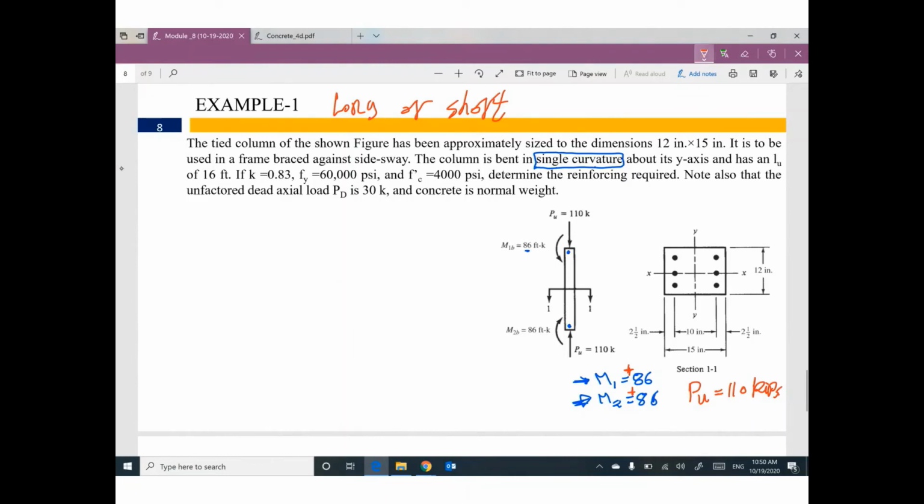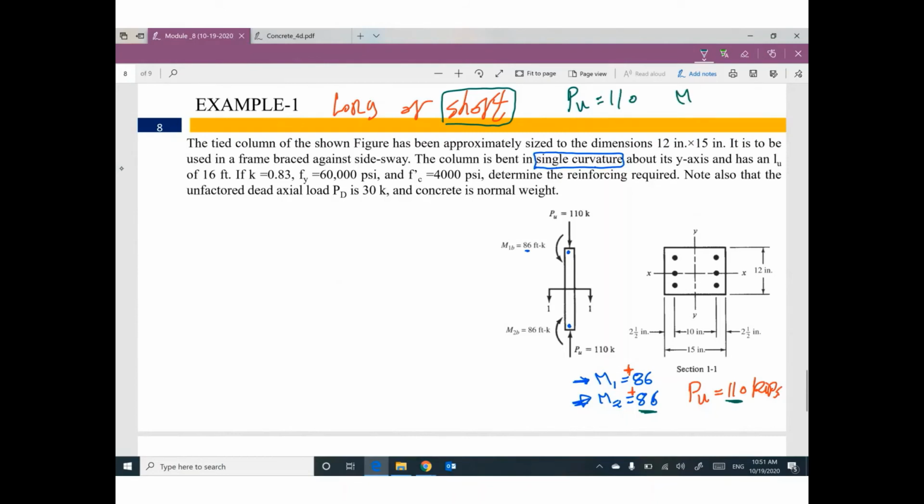If this column is short, we have P ultimate and this moment, go ahead and use the interaction diagram. You are done. Your P ultimate will be 110, M ultimate will be 86.